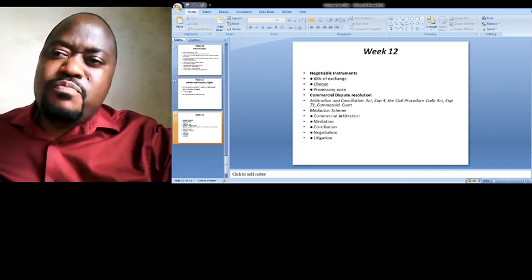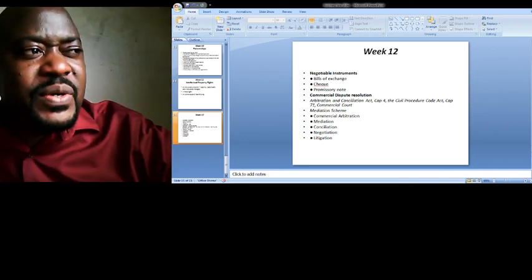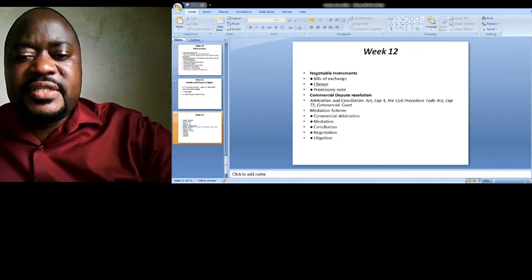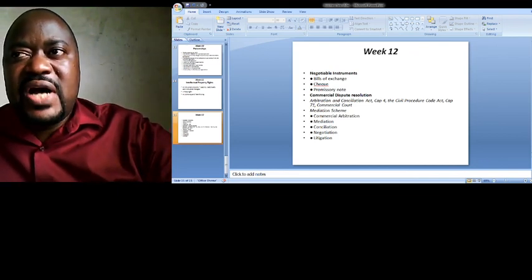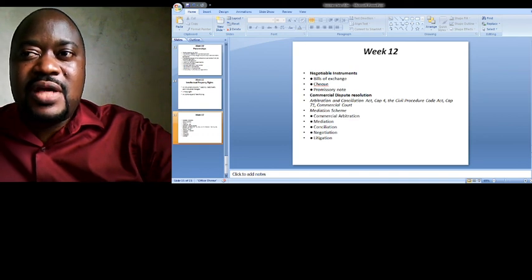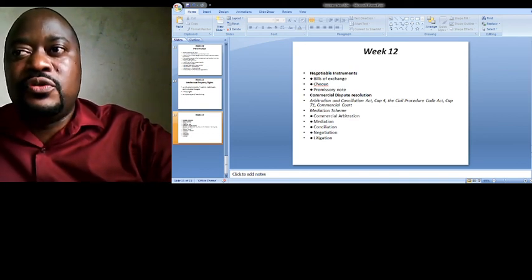It comes with you memorizing sections of the law. And the only way you can be able to memorize the sections of the law is if you are able to attend. But I believe we are going to have a fruitful discussion at the end of it all. And I know that you'll all be able to make it.